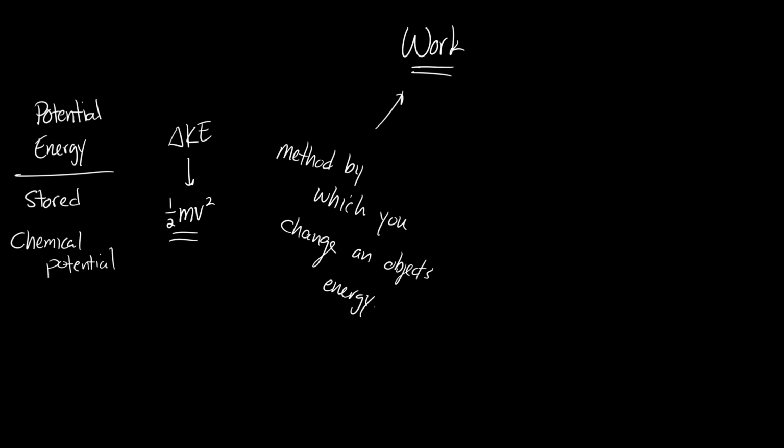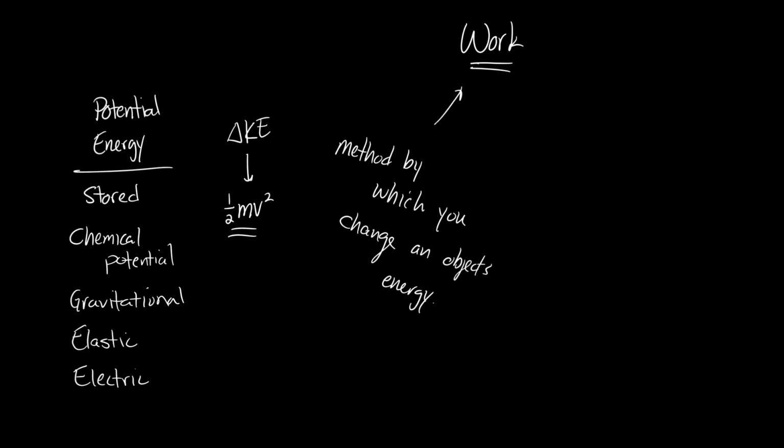There's two in this class that we'll talk about. We'll talk about gravitational potential energy, and we'll talk about elastic. And if any of you end up going to E&M, we'll talk about electric. All those are different forms of potential energy.